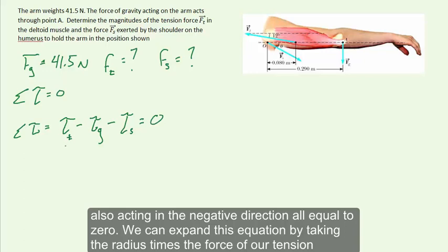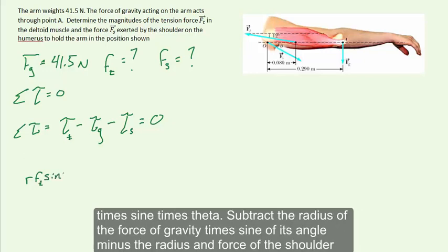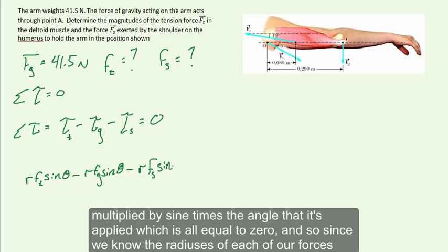We can expand this equation by taking the radius times the force of our tension times sine of theta, subtract the radius times the force of gravity times sine of its angle, minus the radius and force of the shoulder multiplied by sine of the angle that it's applied, which is all equal to 0.